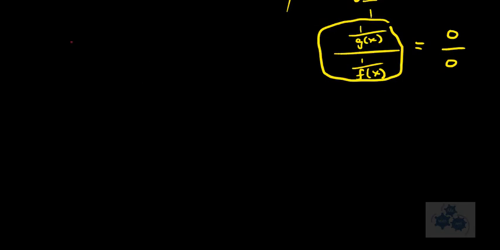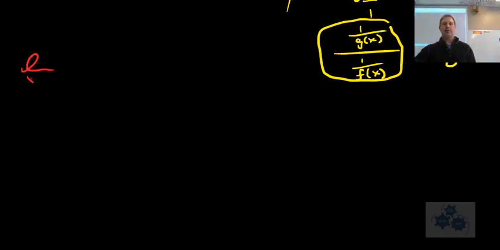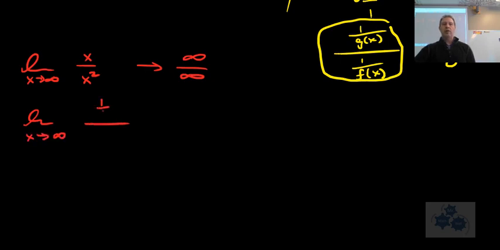All right, so the example is, as x approaches infinity of x over x squared. If you plug in, x is going to get incredibly large and x squared is going to get incredibly large, so really this is infinity over infinity, which doesn't make any sense. However, if you change this so that it looks like 1 over x squared over 1 over x, that's algebraically the exact same as above.